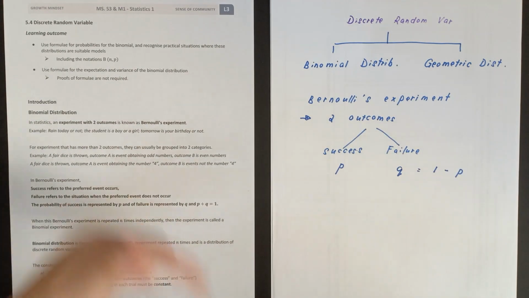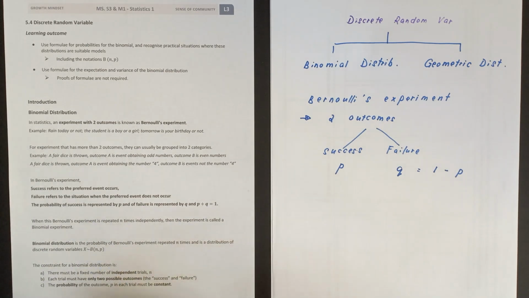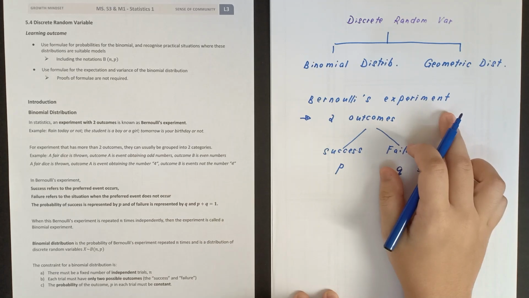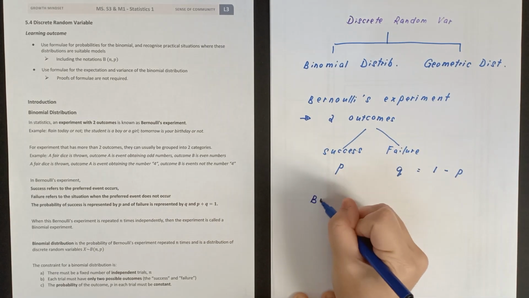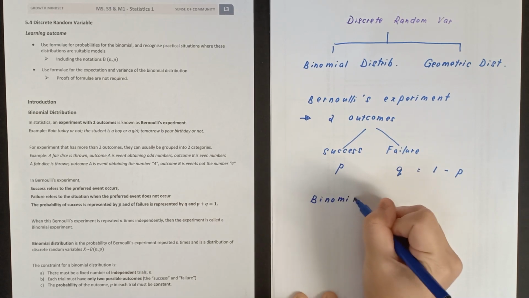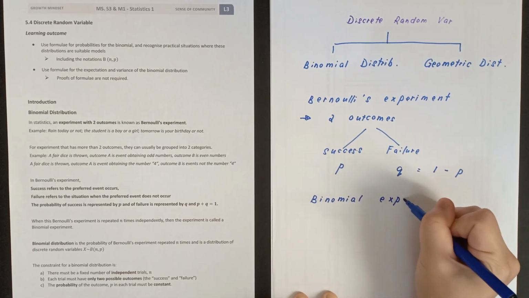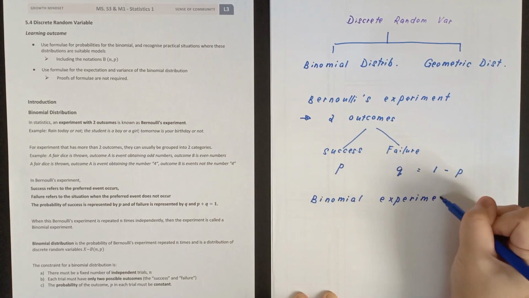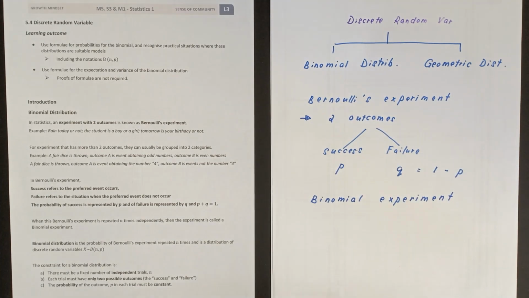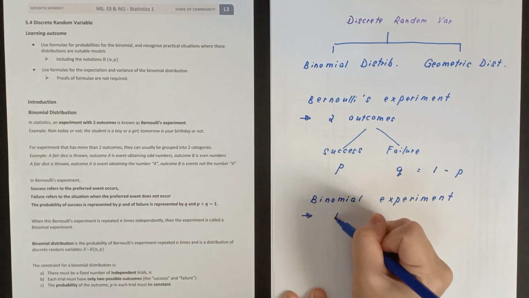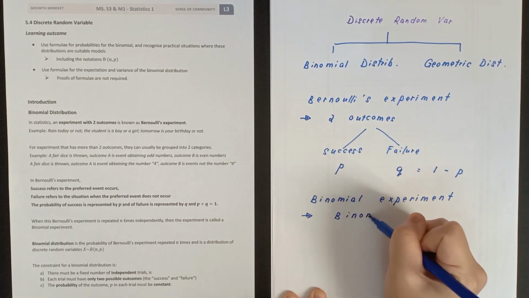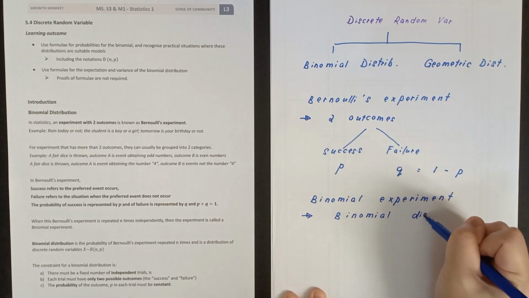Now if we repeat the experiment with several trials, so instead of throwing the die only once, I throw it 5 times, 6 times and so on, then the experiment is called a binomial experiment. The probability that you produce from a binomial experiment will produce a binomial distribution, which is what we want to discuss today.